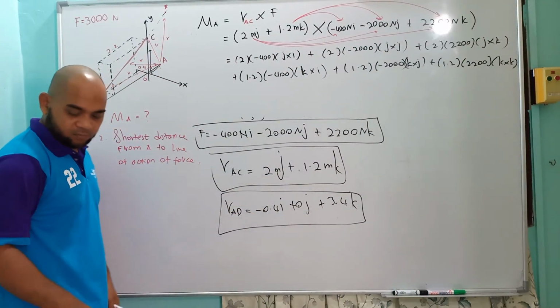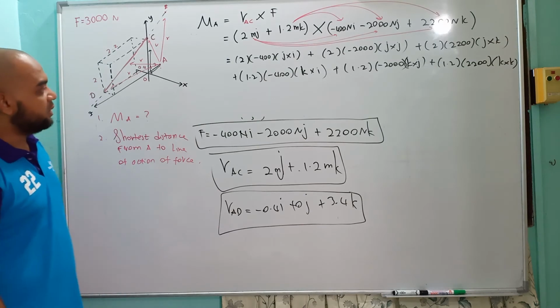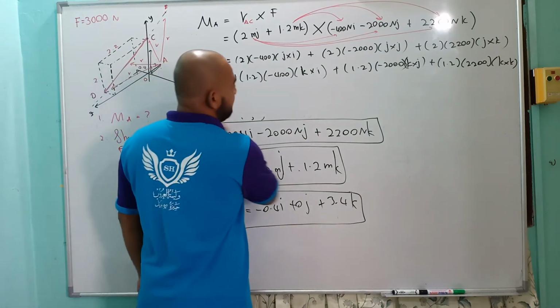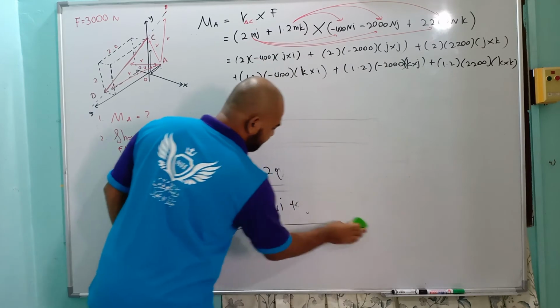Okay, k cross k, and then I can eliminate this one.